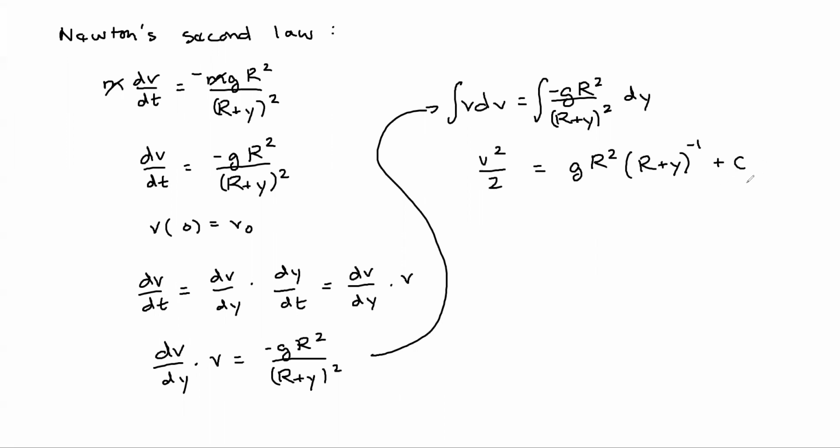Okay, and now if we want to solve for c, we can use our initial condition. Let's just pause here for a second without rushing into it. So this is a function, right? It's just not modeled that way. This is v of y squared over 2 equals g r squared (r plus y) to the negative 1 plus c.